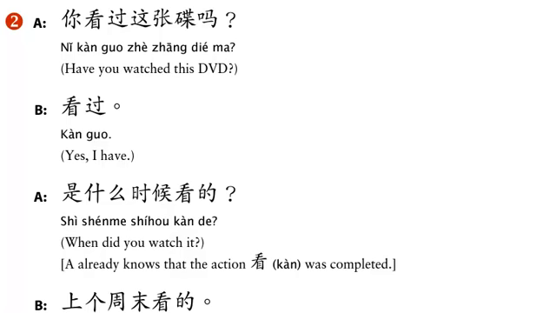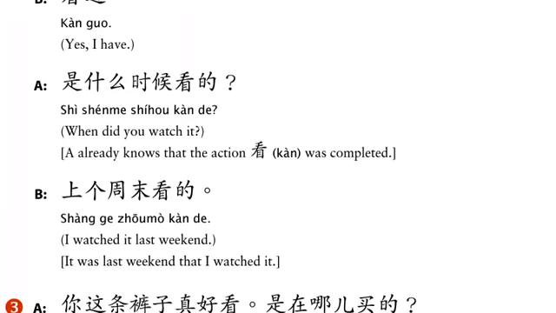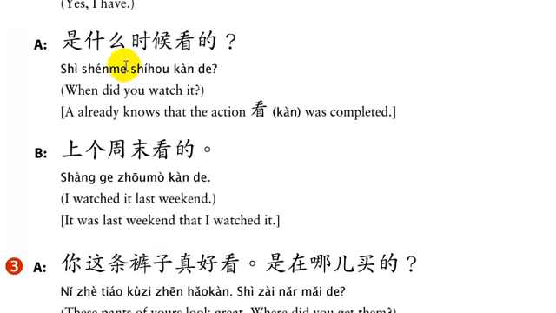Now here comes a series of questions using the 是 and the 的, and the question is in the middle of it. 是什么时候看的? When or what time watched? 是什么时候看的, right? When did you watch it?